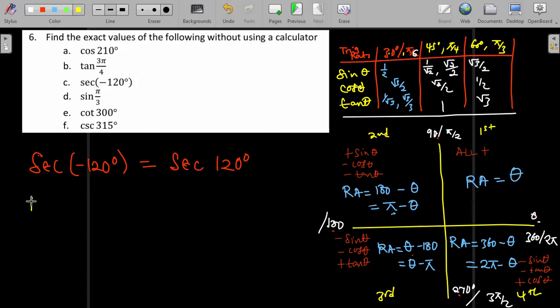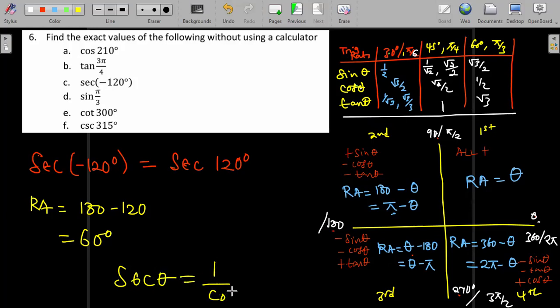Okay, so it means the reference angle there will just be 180 minus the given angle, which will just be 60 degrees. Okay, but now we have to check, since the sec here, if I write the sec theta here, is 1 over cos. So we're checking the cos. The cos, is it positive or negative in the second quadrant? It's what?